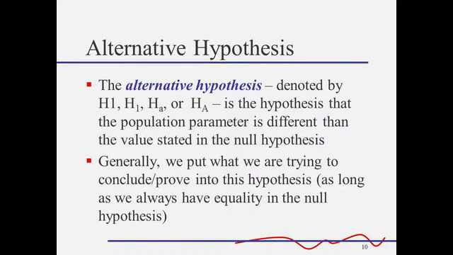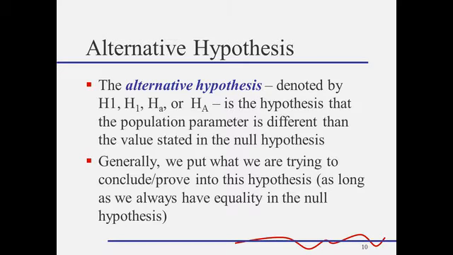The other hypothesis is called the alternative hypothesis, and it is denoted by either H1 or HA. The alternative hypothesis is the opposite of the null hypothesis. So it is the hypothesis that the population parameter is different than whatever value was stated in the null hypothesis.